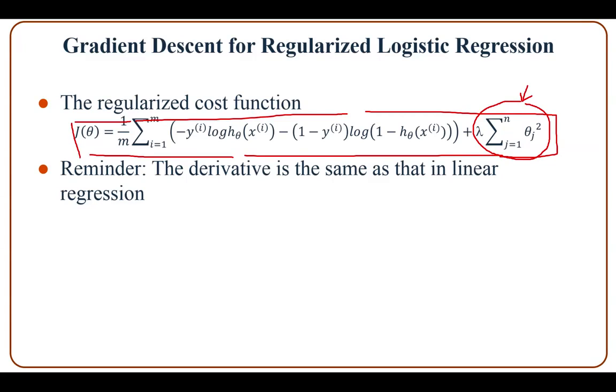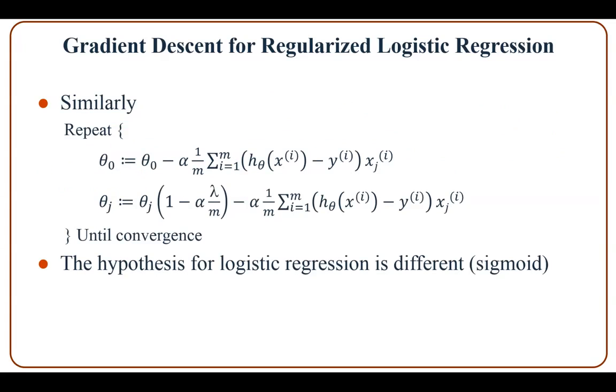And the derivative of this term, or the first term, is the same as that in linear regression. So basically the algorithm looks very much the same, right? Except that the hypothesis for logistic regression is different, using a sigmoid logistic function.